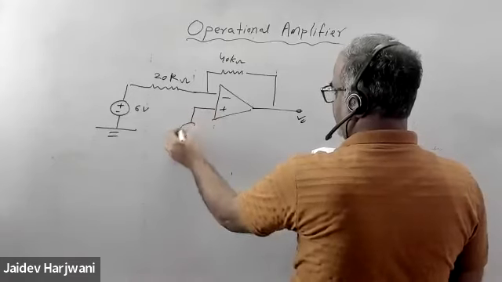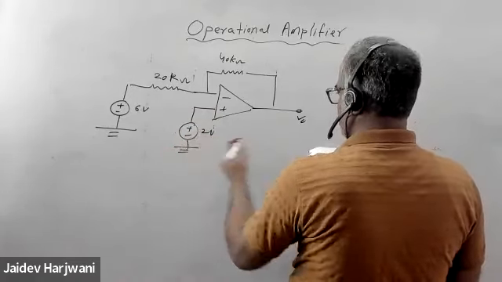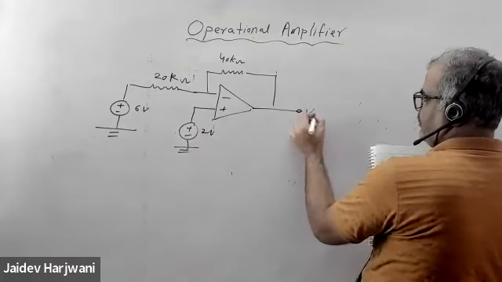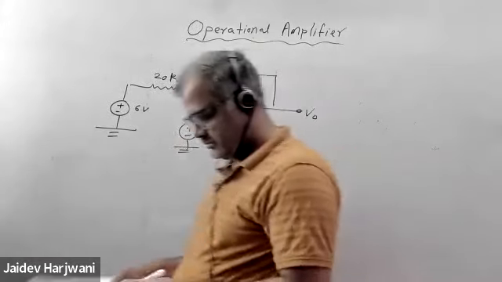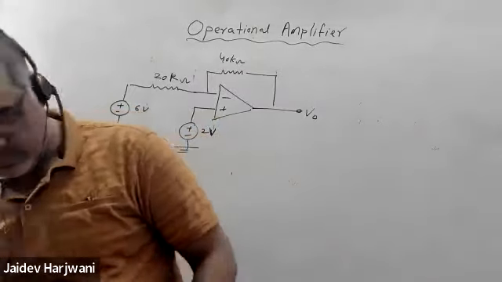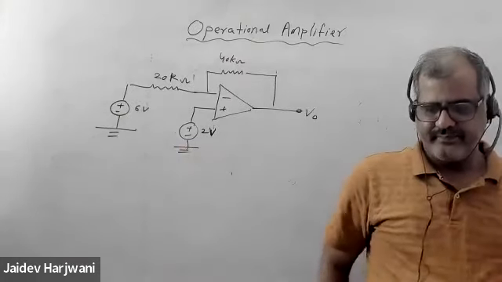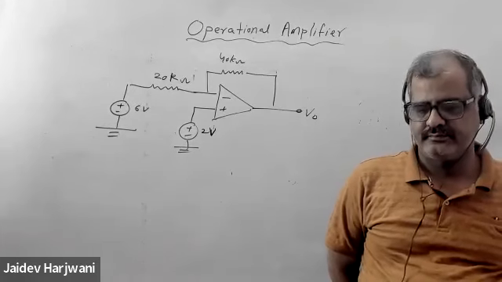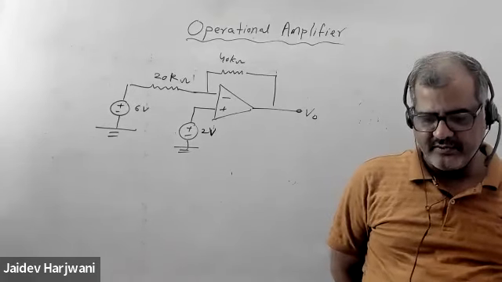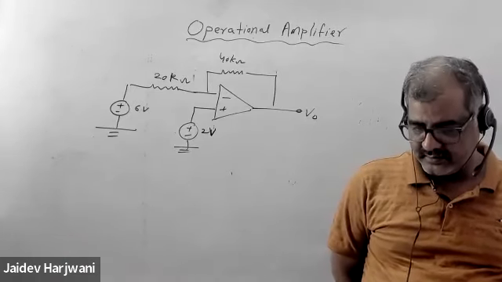And here I am putting a 2 volt source. Okay, please calculate V naught. What is the value of V naught? Again, you can use superposition principle or the direct method, whatever you want.